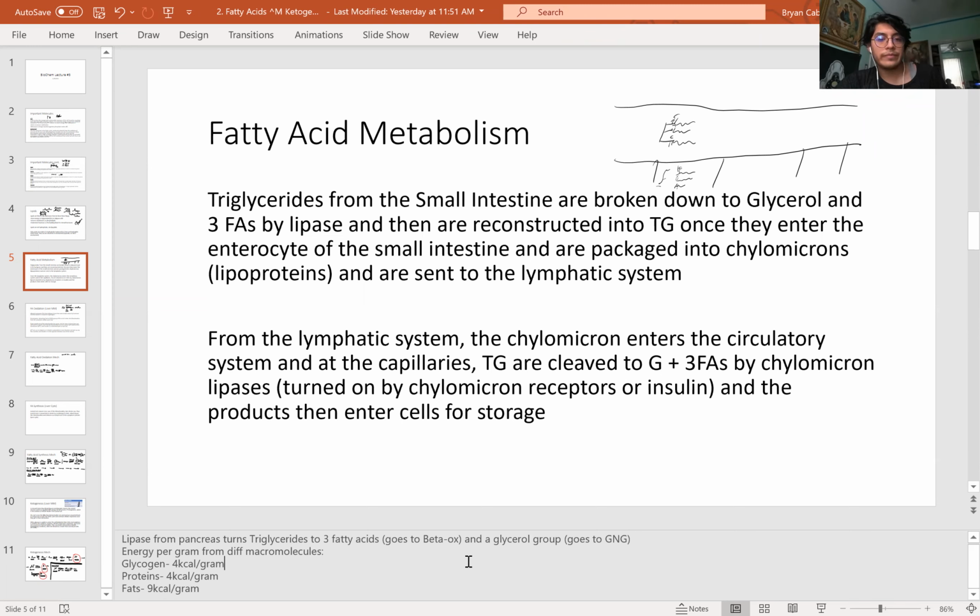All right, so what's interesting about fats is that they don't have this kind of solvation shell around them.